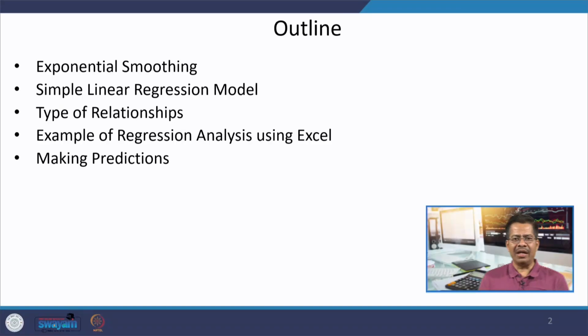That is what we are going to discuss in this session also. And another very popular method of predictive analytics, that is regression analysis, will also be discussed in this particular class.